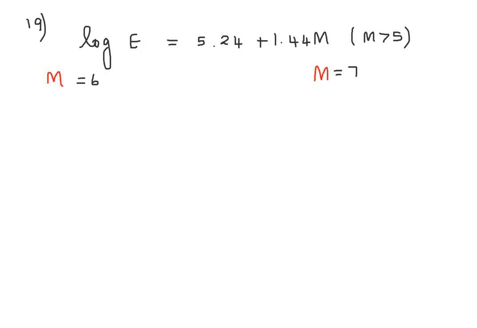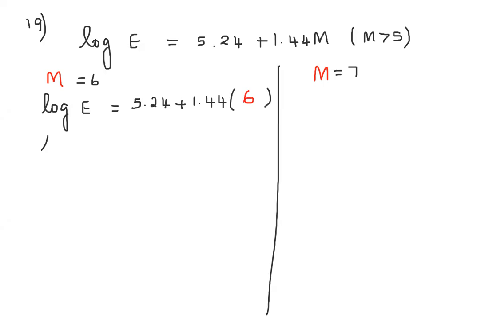So let's find the E equals 5.24 plus 1.44. First plug in 6. Next we are going to plug in 7. So we have to use our calculator to get them. So we get 13.88. So we know that the base is 10.